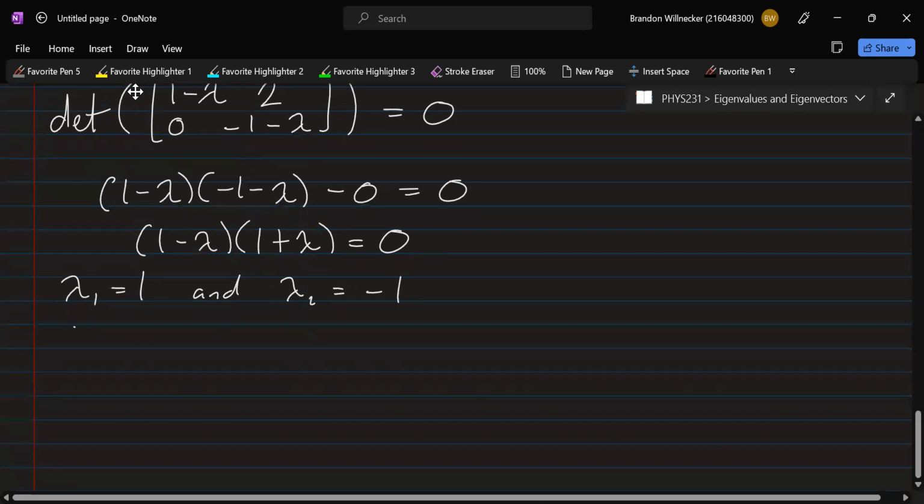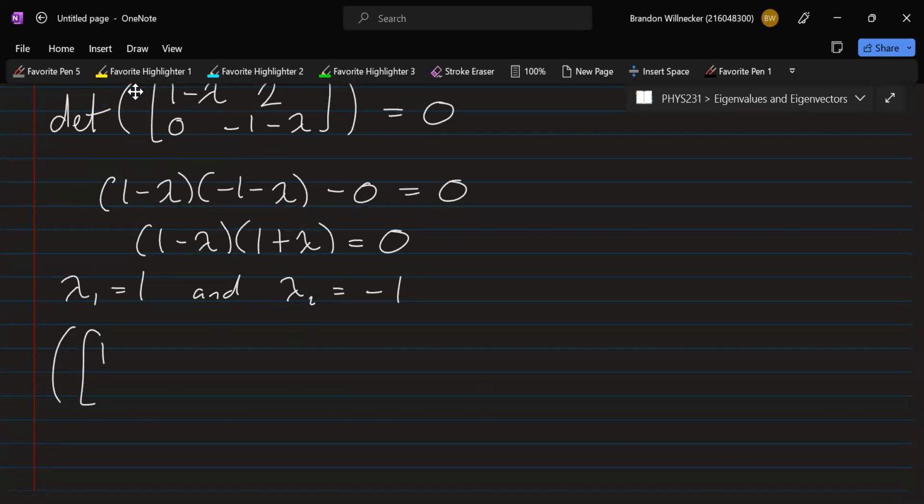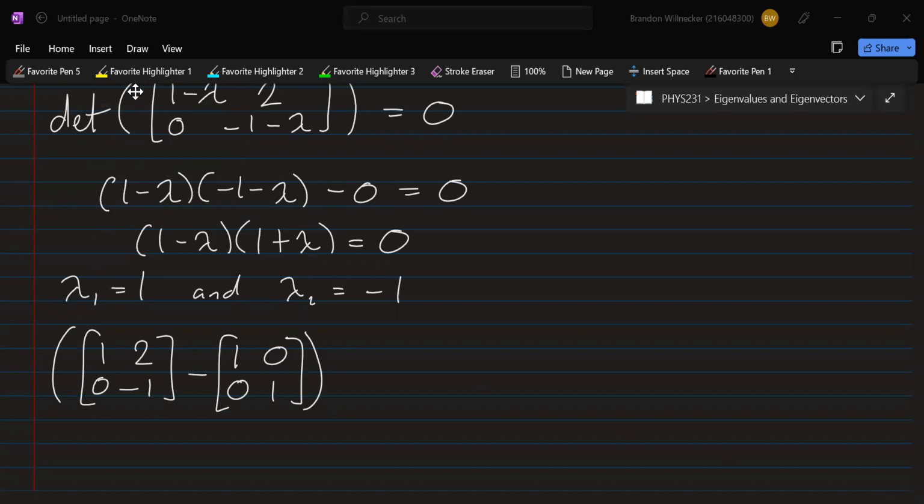Okay, so we're going to have our original matrix, 1, 2, 0, minus 1, minus lambda, but lambda 1 is just 1, so we can leave that. And then the identity, 1, 0, 0, 1. And then it's this times the eigenvector is equal to 0.